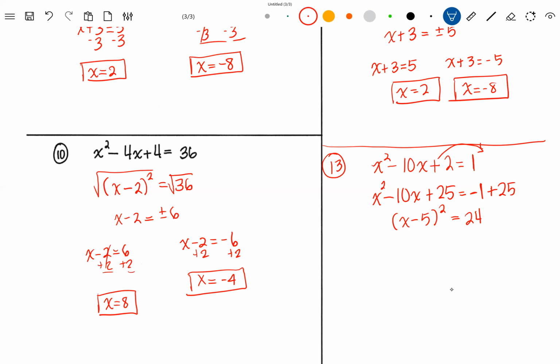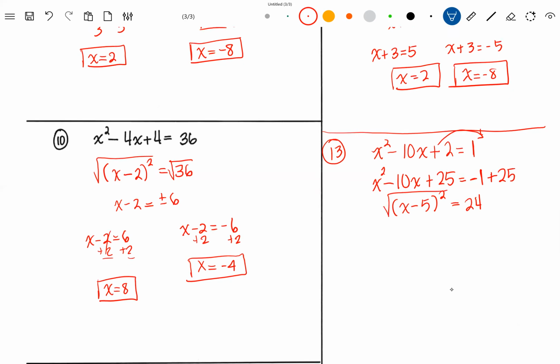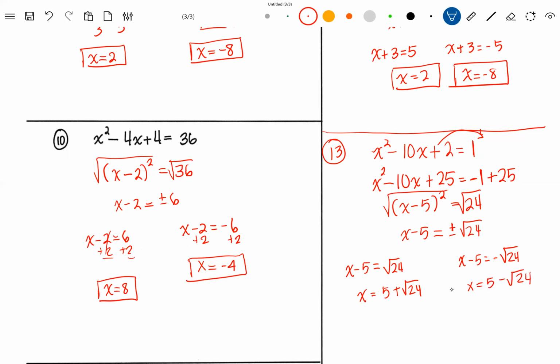And now it's just like the others. Square root both sides. So you have x minus 5 equals positive and negative square root of 24. So my two problems are x minus 5 equals positive square root of 24, and x minus 5 equals negative square root of 24. So I have 5 plus square root of 24 and 5 minus square root of 24. So I'm going to type that into my calculator here.